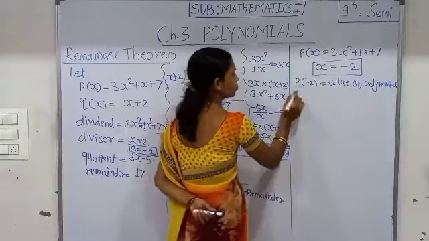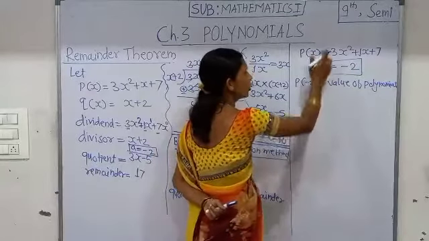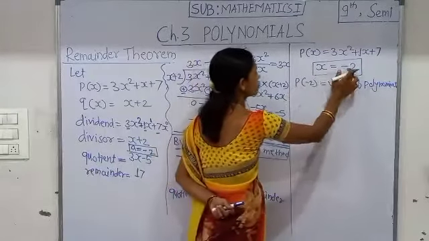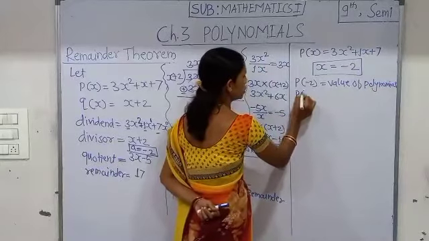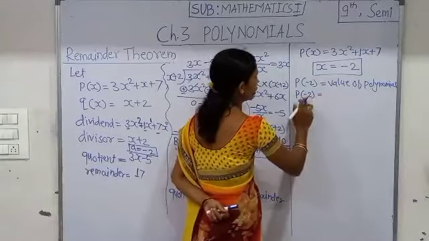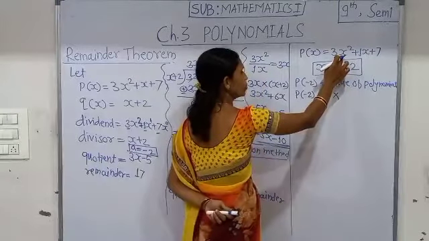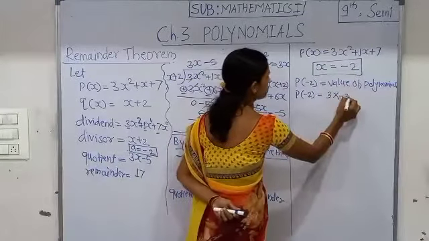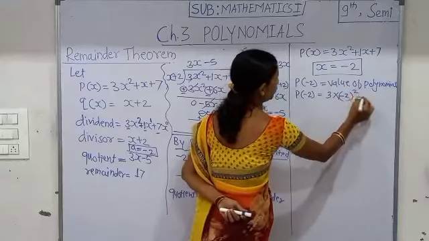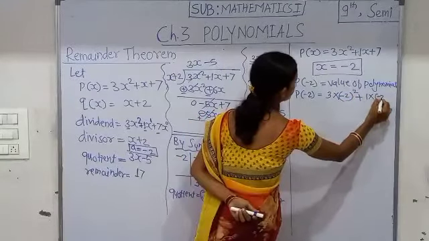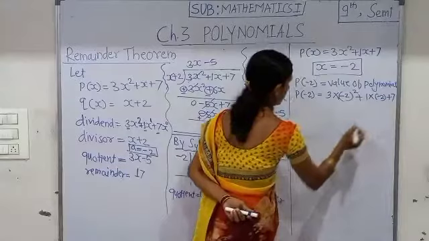And therefore we have to find the value of the polynomial for x equal to minus 2. Therefore p(-2): 3 into, here we put the value of x, minus 2 whole square, plus 1 into minus 2 plus 7.